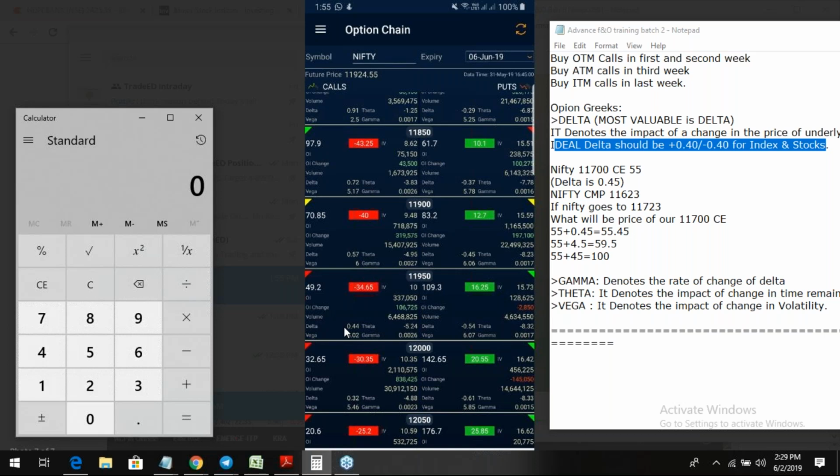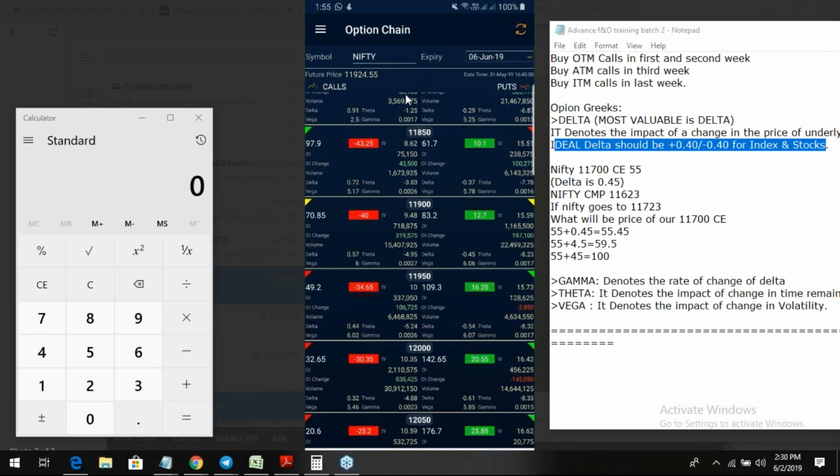Gamma depends on spot like delta? Gamma depends on spot? No, it depends on future. All this data will depend on the future price.